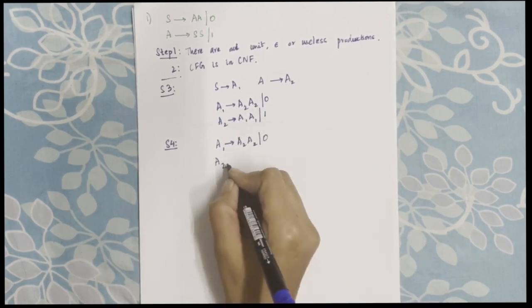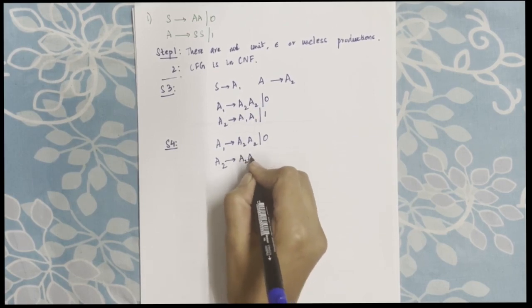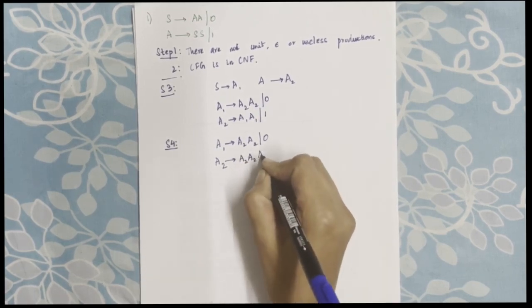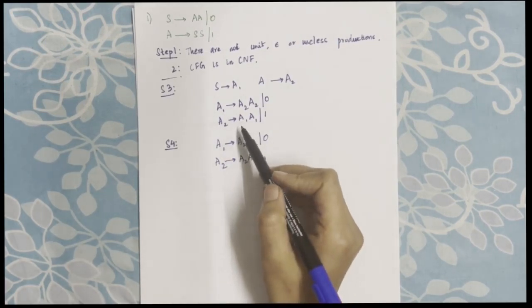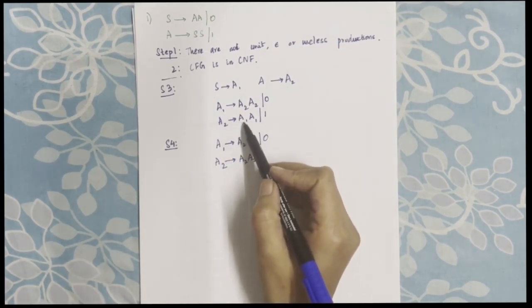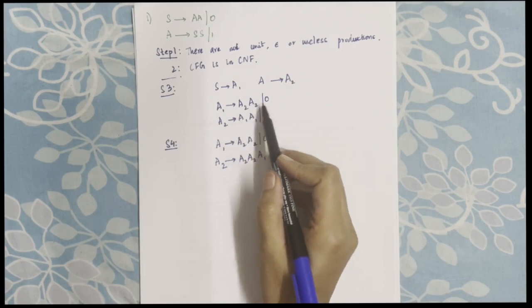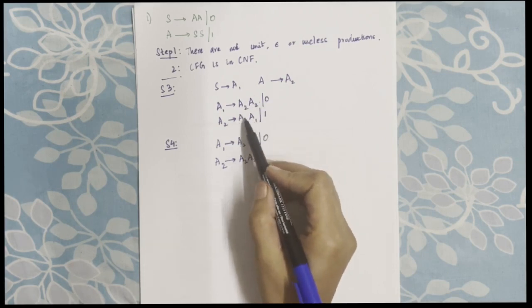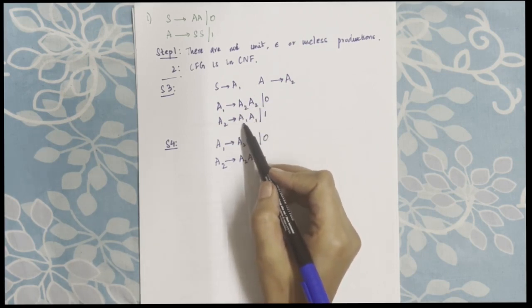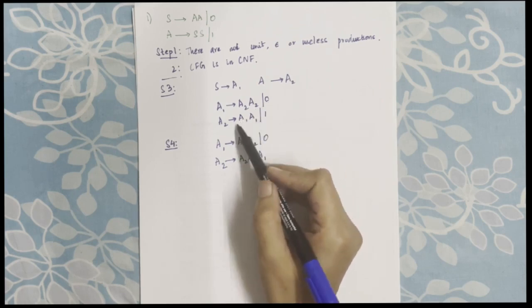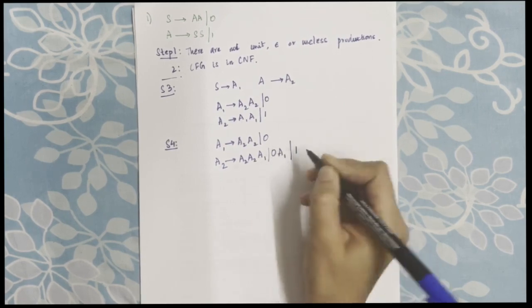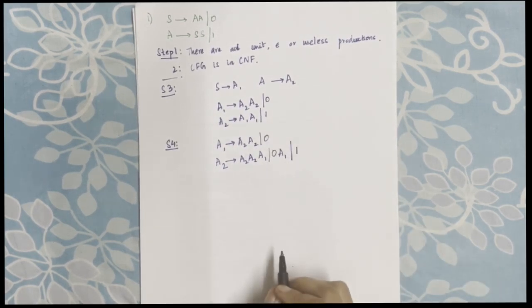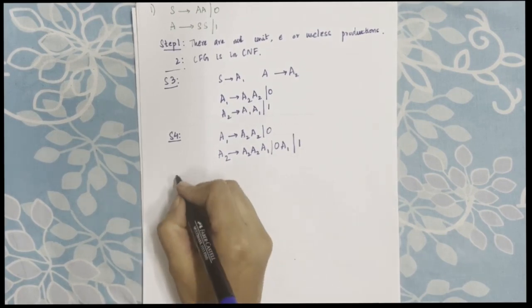So A2 gives A2 A2 A1. I should substitute both the values. Now A1 has two values, A2 A2 and 0. Both are to be substituted over here. So when I substitute A2 A2, I will get A2 A2 A1. When I substitute 0, I will get 0 A1 and this 1. So this is step 4.